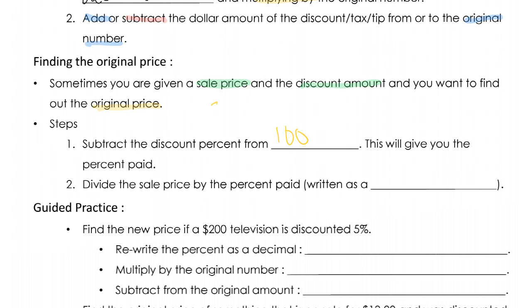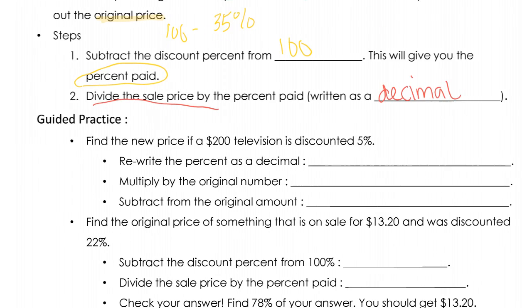So if it's like 35% off, we would subtract that from 100, and this will give us the percent that we paid. Okay, now we're going to take the percent we paid and divide it by the sale price, and we'll write that as a decimal. So I know that was kind of confusing, so let's kind of review this.